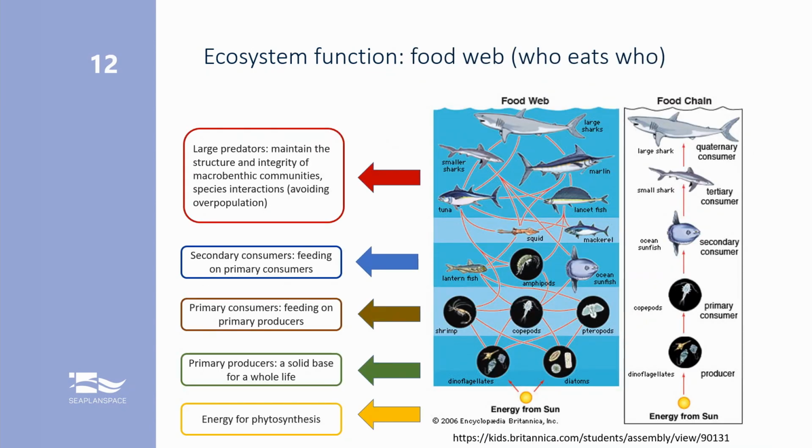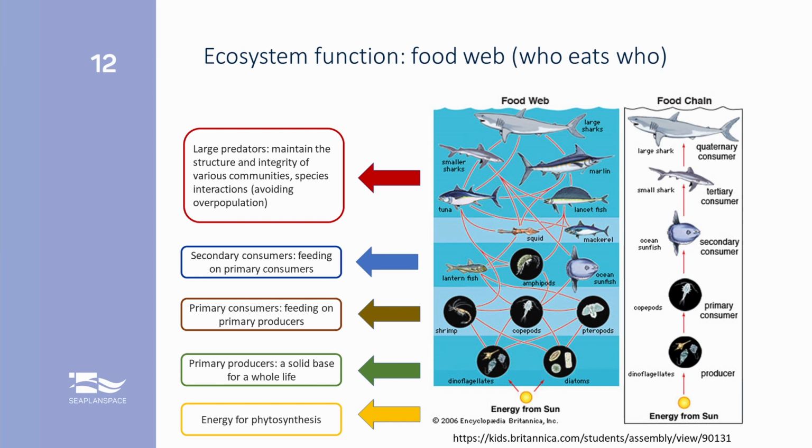We have specific organisms in a community, and these organisms are linked through what they eat and what eats them. So these are very basic connections among the food chain. A food chain is a single pathway which connects a producer with different consumers.